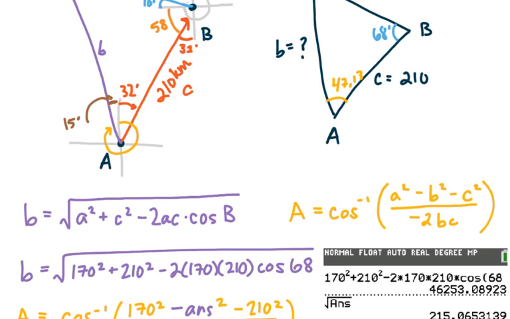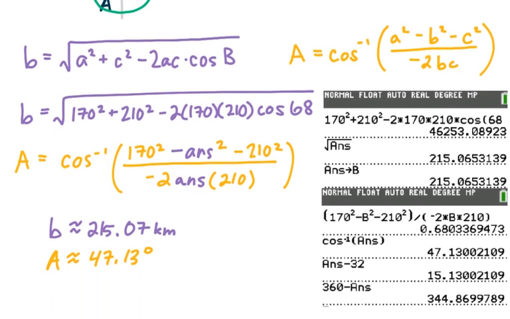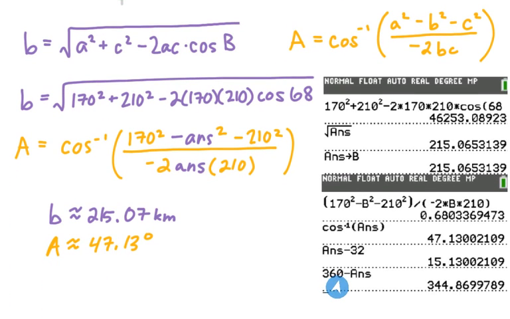Okay, so for our final answer, if we want to say that navigationally, we need to come all the way around full circle to this vector, and that's going to be 360 minus that 15. You see that right here in my calculation, 360 minus the answer 15.